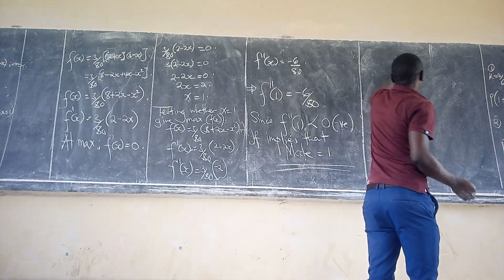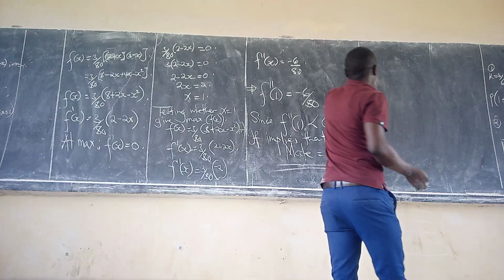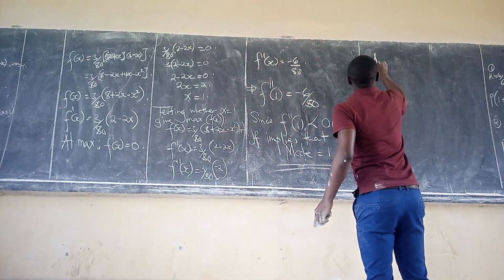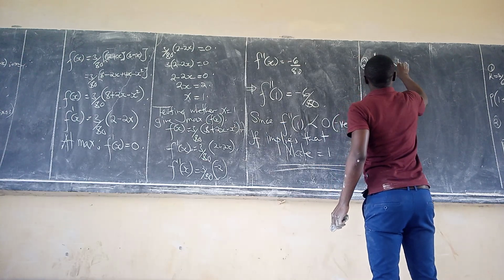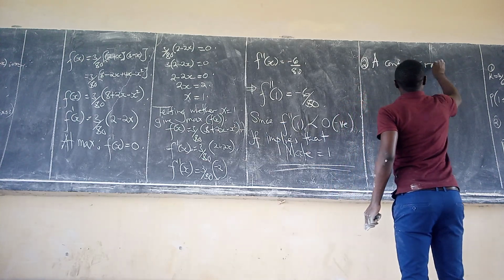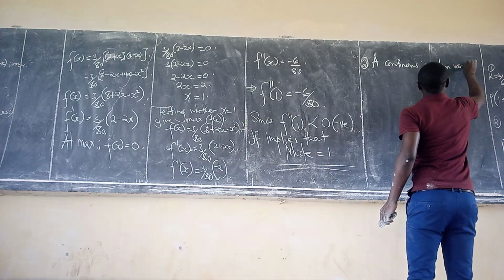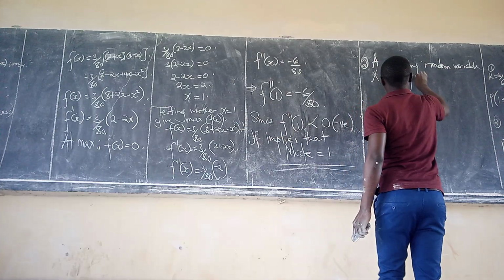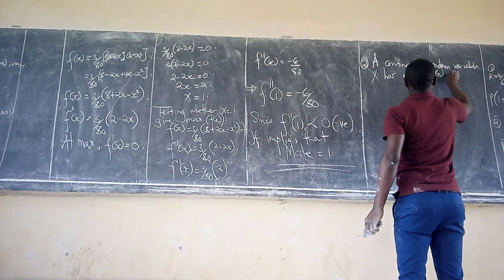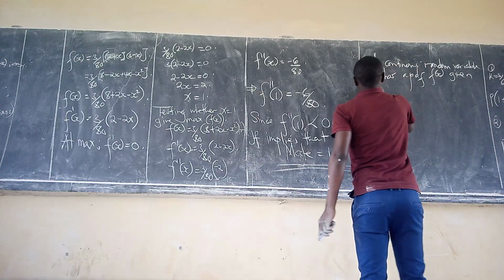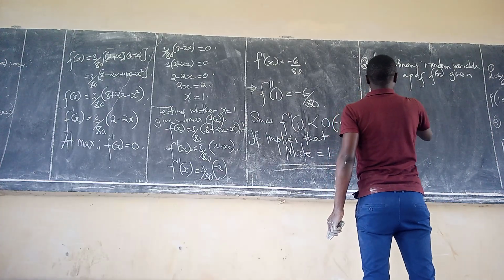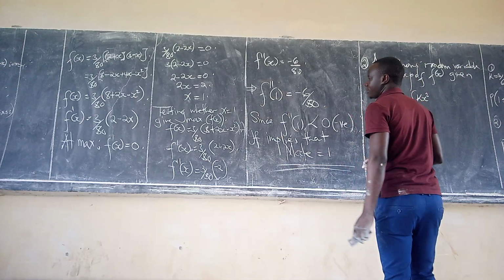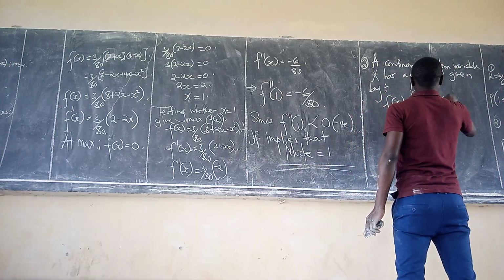In example 2, a continuous random variable x has a PDF, small f of x, given by kx squared into 3 minus x.